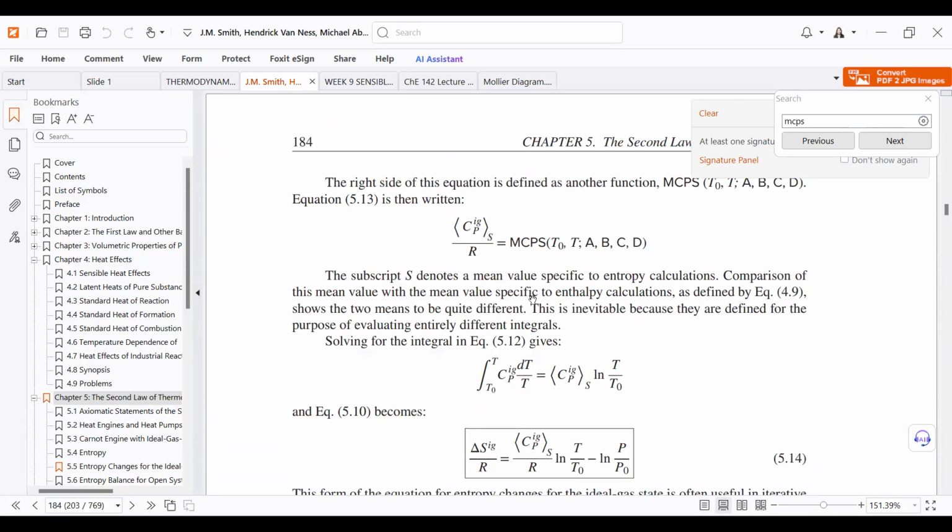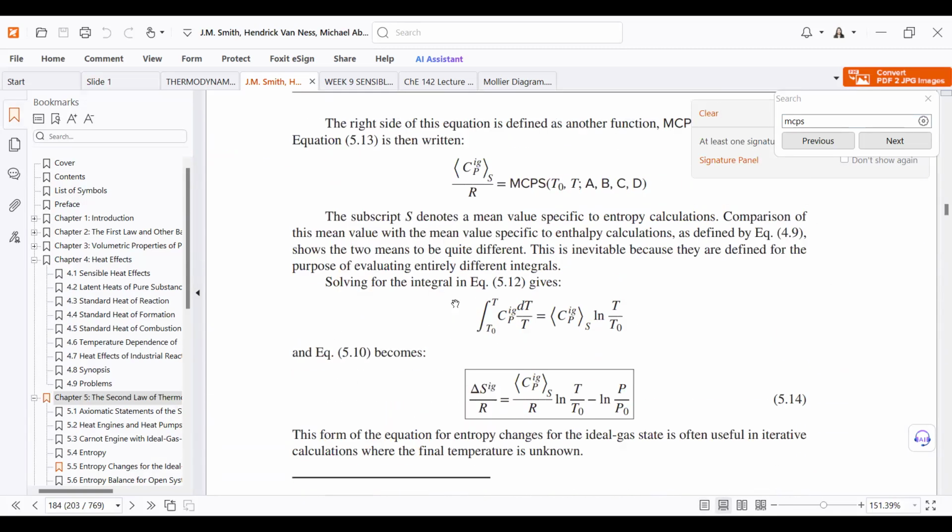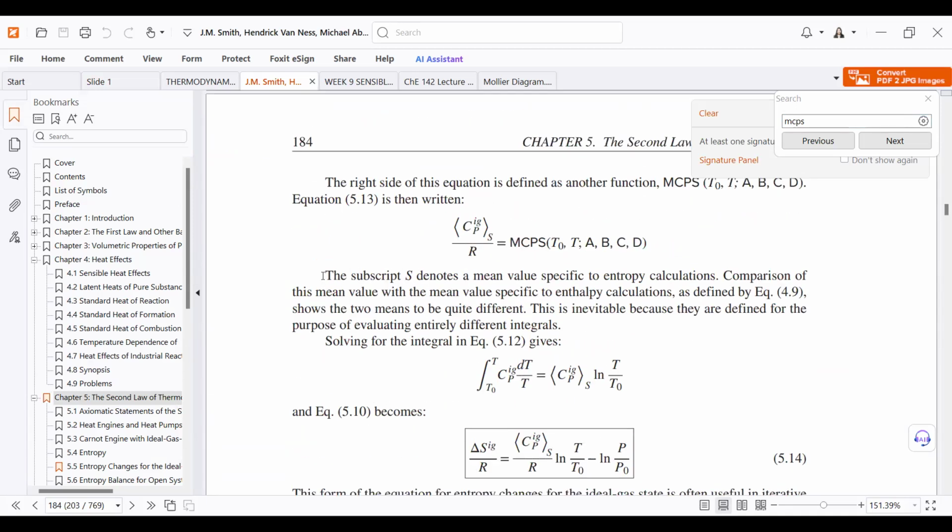So why is it different? There's a reason. The subscript S denotes a mean value specific to entropy calculation. Comparison of this mean value with the mean value specific to enthalpy calculation, which I showed you earlier, shows the two means to be quite different.